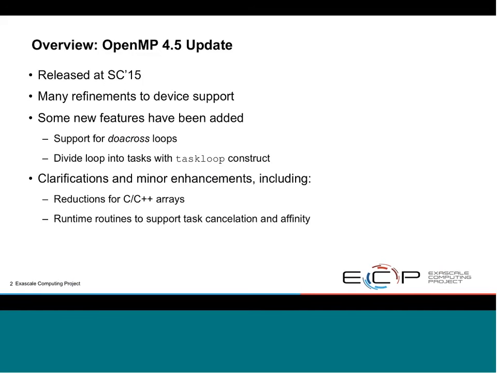We also have new features to support new types of parallelism that were not previously supported. For example, we have support for doacross and taskloops, which are going to be very helpful to support types of parallelism like wavefront parallelizations or loop nests that we want to execute within tasks.